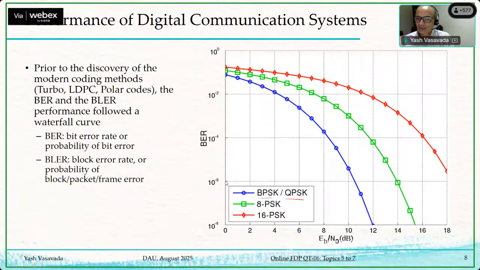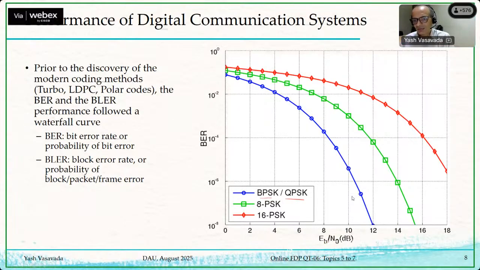To achieve 10 to the power minus 6 bit error rate for a modulation scheme called BPSK or QPSK, you need SNR of roughly about 10.5 dB. If you had 8 PSK, you need 14 dB of SNR to achieve 10 to the power minus 6 error rate. And if you did 16 PSK, you needed maybe around 19 decibels of SNR.